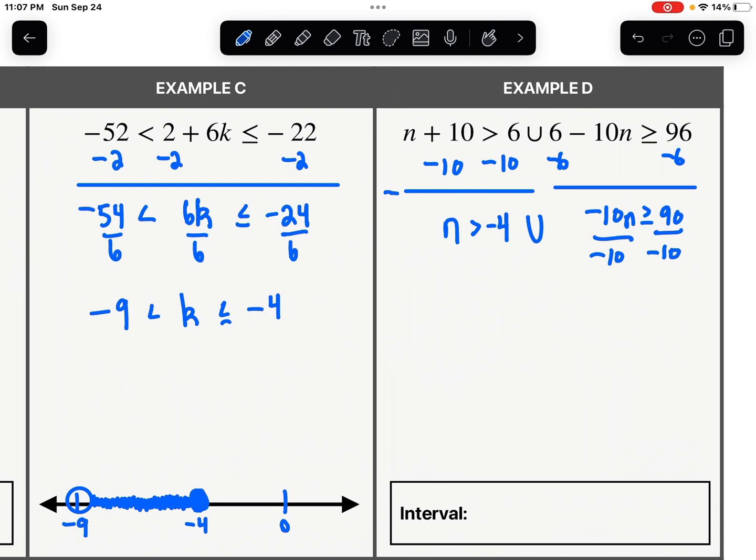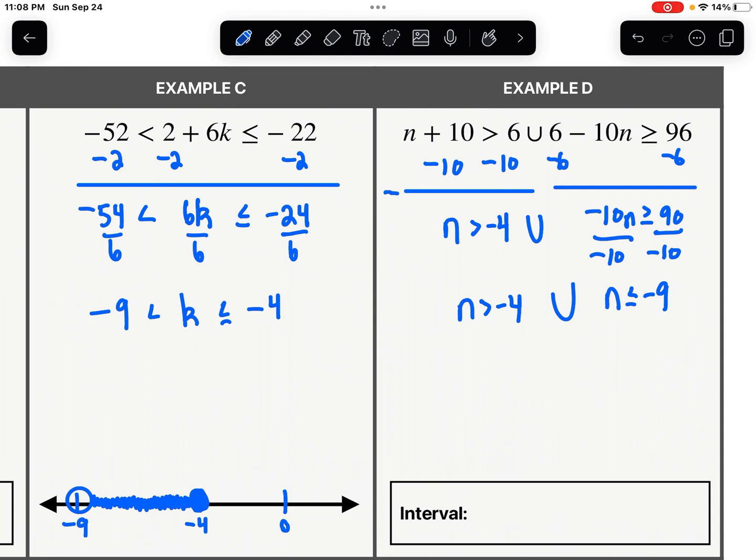And you might recall, when you multiply or divide by a negative value on this last step, you do have to switch the inequality to make sure that it stays true. So we are looking for all the numbers less than or equal to negative 9, or all the numbers greater than negative 4.